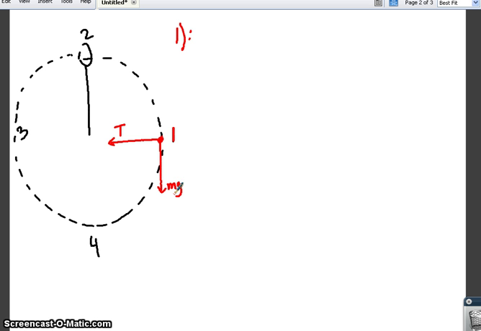Now, if we're discussing centripetal force only, so remember, we're in the circular motion section. We are discussing centripetal force. So what is the centripetal force for point 1? Well, centripetal force is the tension, because centripetal force is pulling it towards the center, and the only force going towards the center, or in the x direction, at this point is tension.